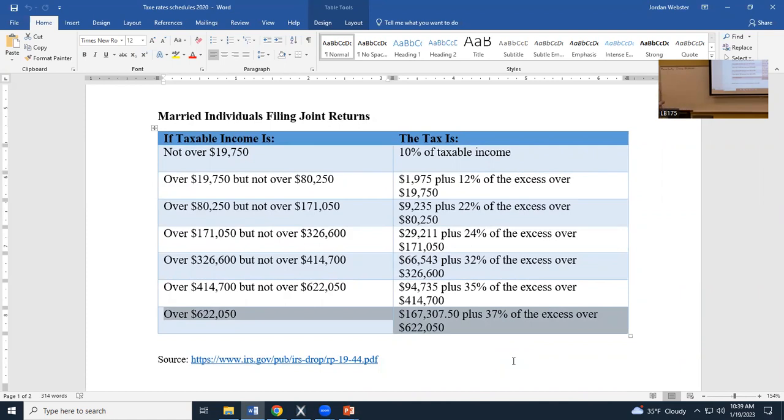But anyways, the last category says that the tax is going to be $167,307.50 plus 37% of the excess over $622,050.